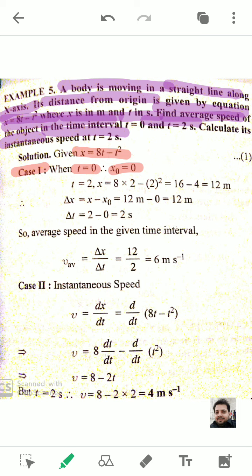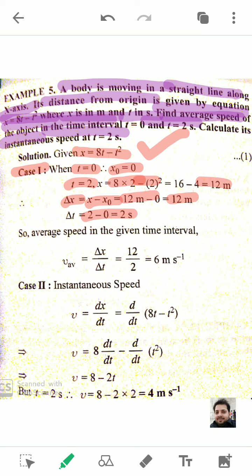When t equal to 2, substitute the value of t equal to 2 in the above equation, then x equal to 8 into 2 minus 2 square, and that solution is 12 meter. So what is the change in distance in the time interval 0 to 2 seconds? Delta x, that is x minus x naught, that is 12 minus 0, that is 12 meter. What is the change of time? That is 2 minus 0, that is 2 seconds.